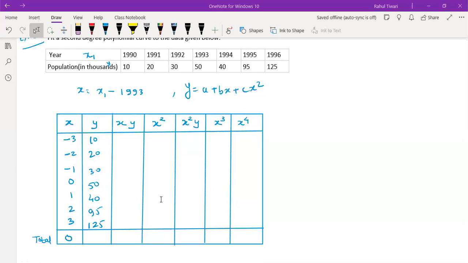So when you feed these values of x and y in mode of cx square, okay, you will get the value of ABC.